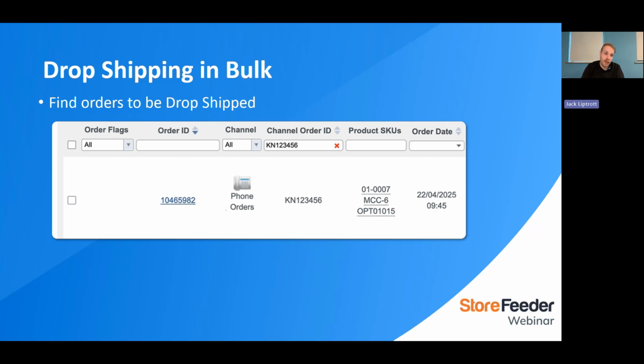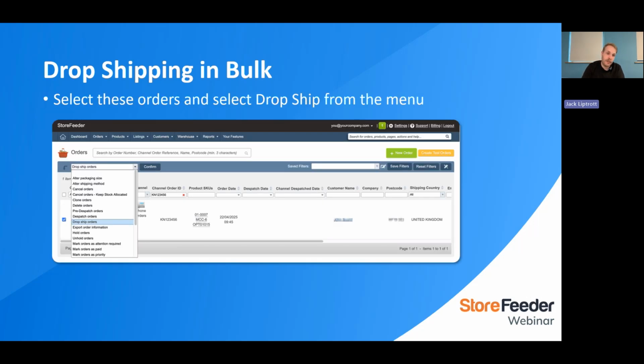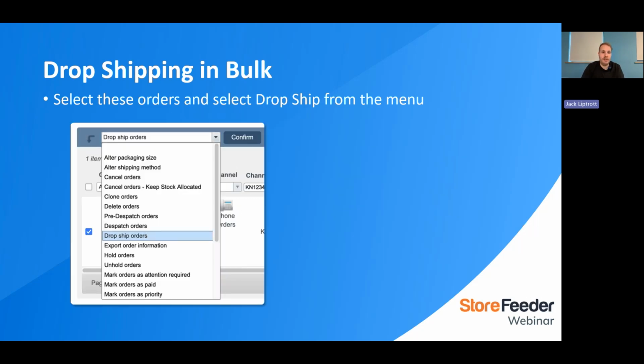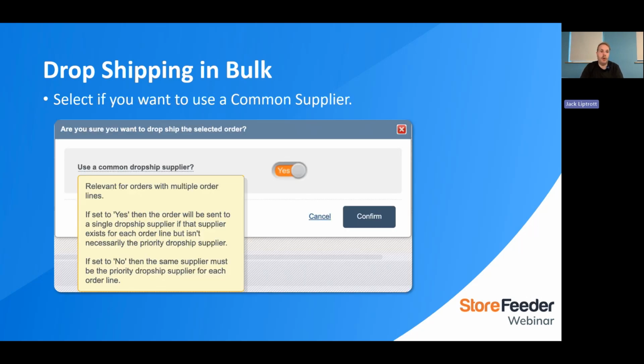And this time, we select the order on the left, and then from the bulk options menu on the manage orders page, you'd select dropship orders. So you'd select everything that you want, select dropship orders from the drop down, hit the confirm button, and then you'll get a window pop up that asks if you want to use a common dropship supplier.